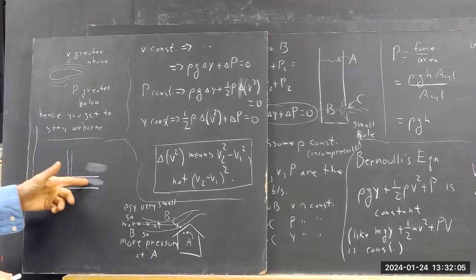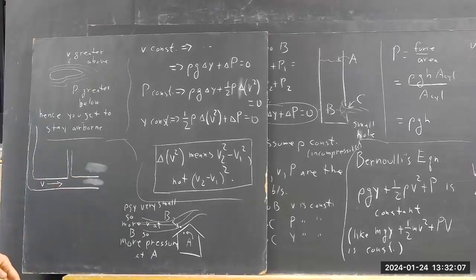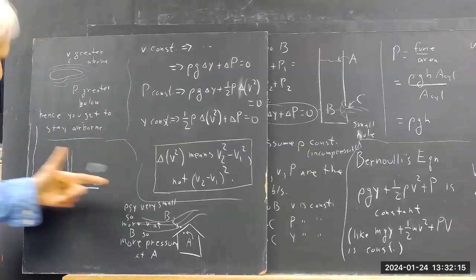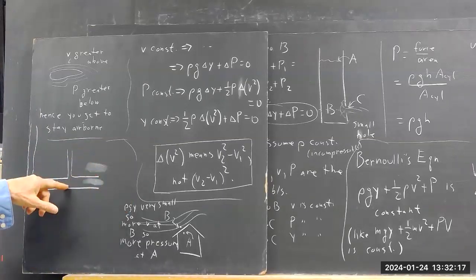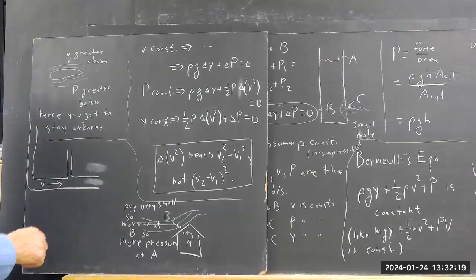Well, if you have zero velocity here, then water is going to rise in this tube to come to the level of the water over here. Okay. If you start moving fluid through here, the pressure here drops.